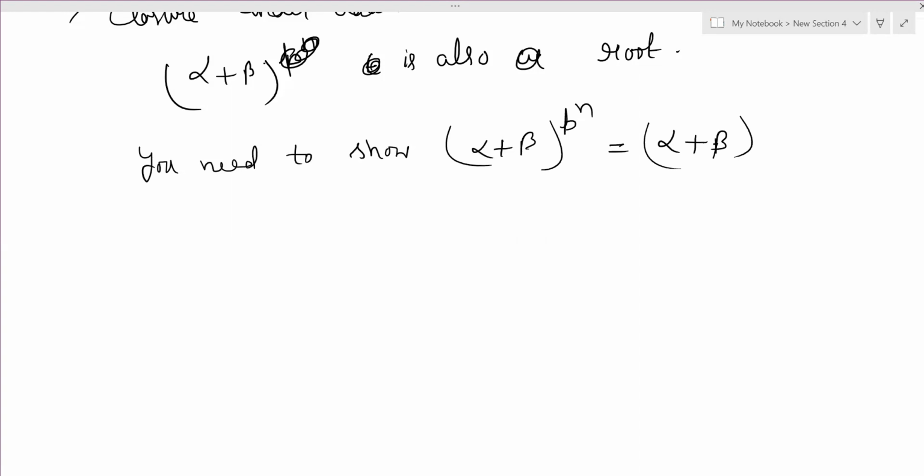We have alpha and beta as roots of x to the power p to the power n minus x equal to 0. So we need to show alpha plus beta p to the power n minus alpha plus beta is 0. How will you show this? Alpha plus beta p to the power n, how will you open this by the binomial theorem?